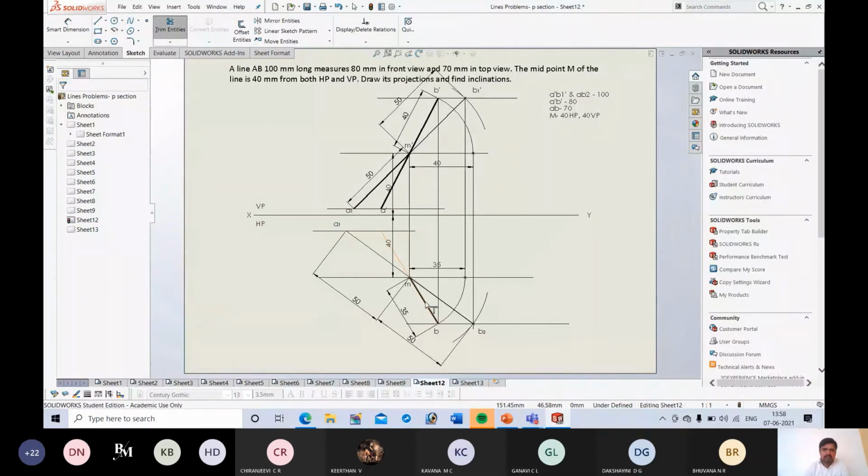This is the top view. So this point is A.